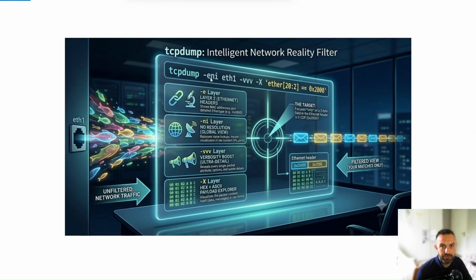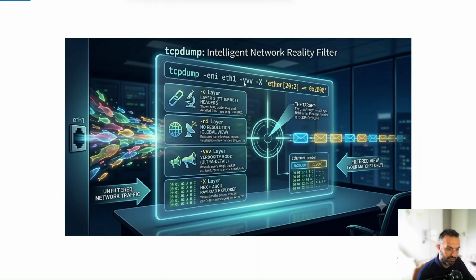The n disables DNS lookups, which keeps the output clean and prevents delays. The i means the interface, and eth1 is the interface we are capturing on.